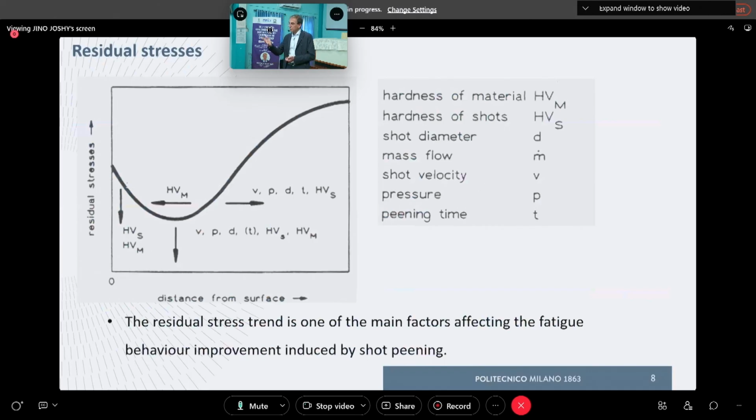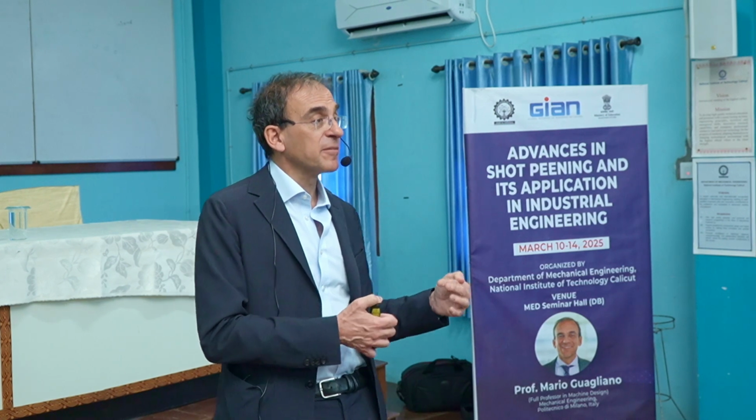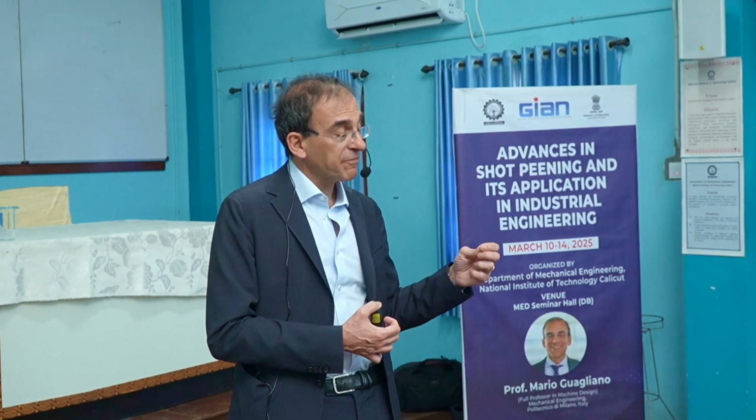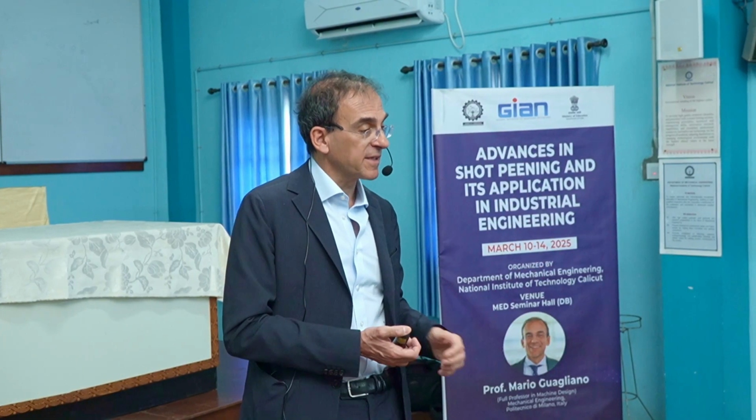So we can use the residual stress estimation or measurement for fatigue design in the end. So shot peening is not only a palliative for improving fatigue, but is also a design method for improving fatigue immediately during the design stage of a component.